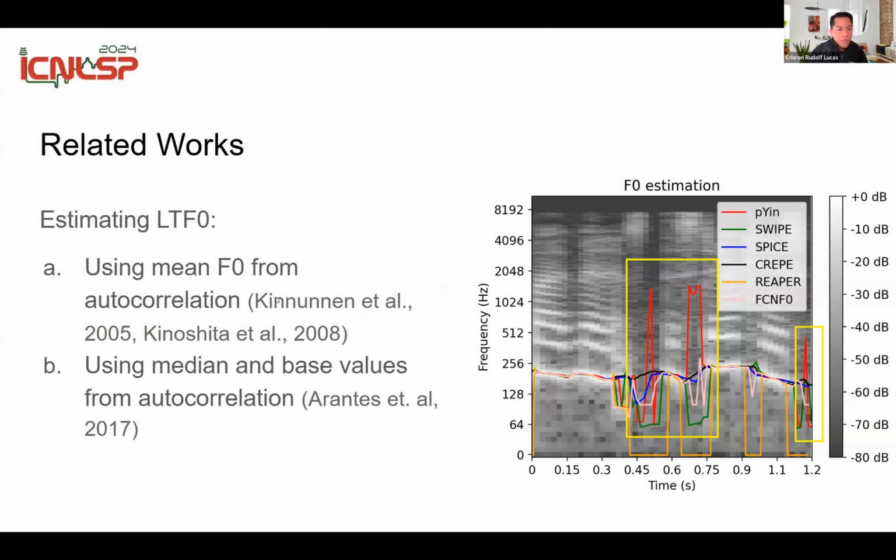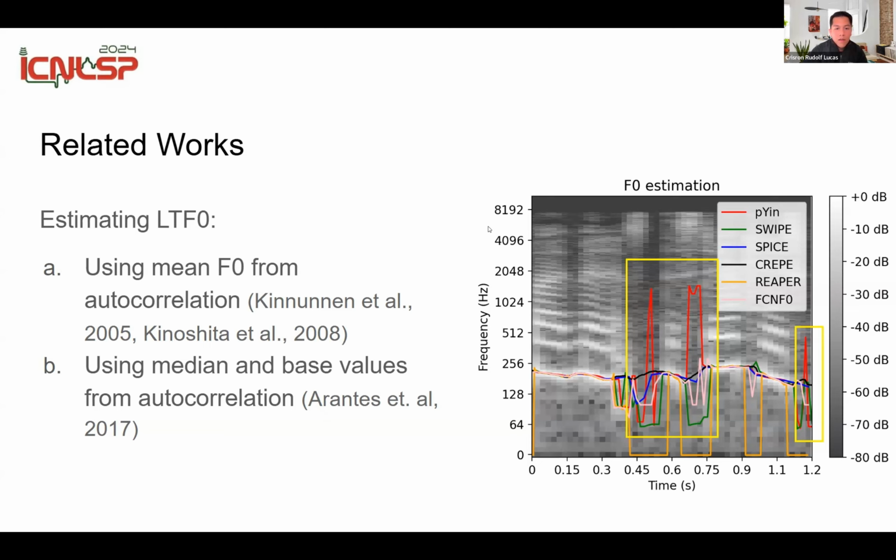So there are problems when using these F0 estimators for extracting the long-term F0. Aside from these F0 estimators having their own inaccuracies and variabilities, getting the long-term F0 by using mean or median or base values could also lead to errors.